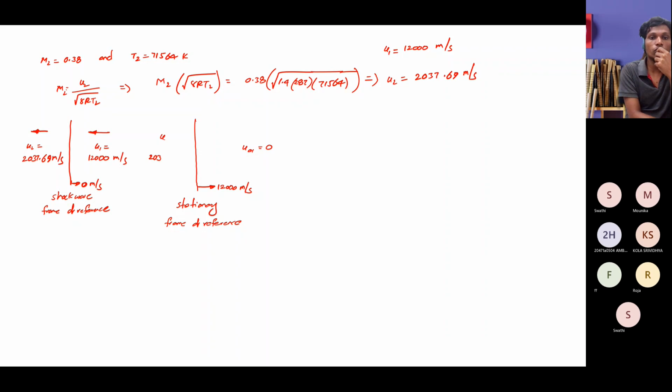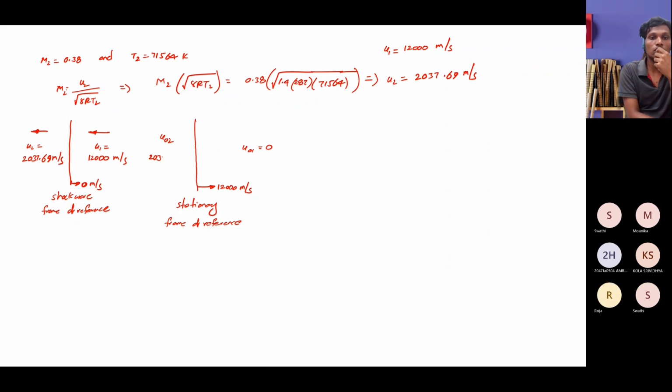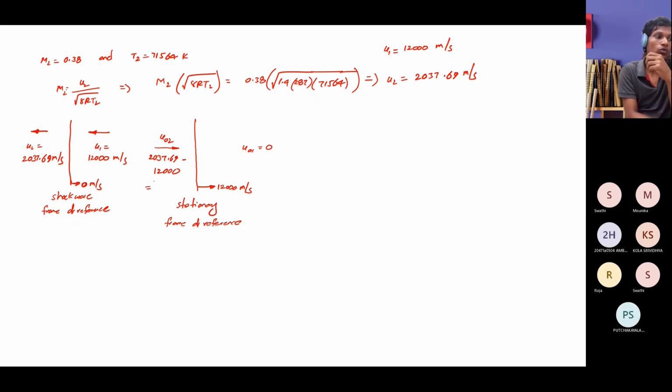Now the calculation of u02: that is 2037.69 minus 12,000. Now my flow will be in this direction. Because it is a negative value, the direction will change. That is, u2 will change into this direction, that is u02, and that value is 9,962.31 meters per second.